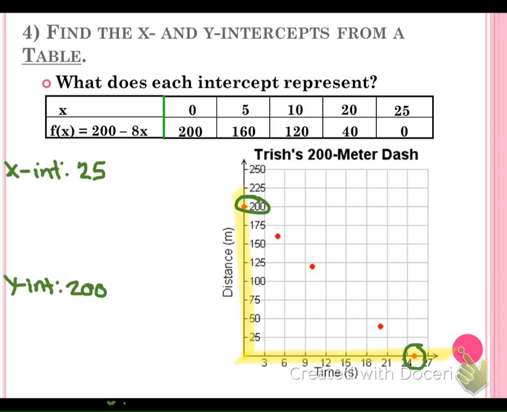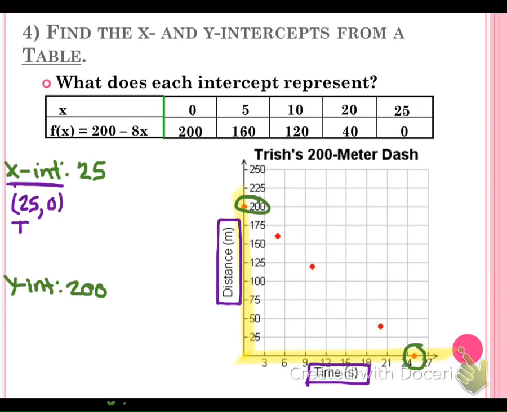Alright, so looking back at the problem that we were talking about, what does the 25 represent and what does the 200 represent? Remember that our x is talking about the time that she's running in seconds, and the y is talking about the distance. So the time is the point 25, 0.